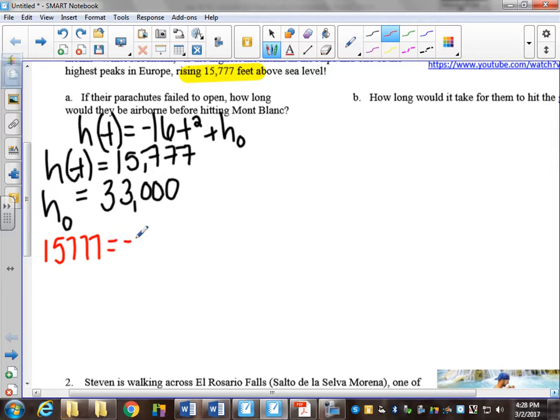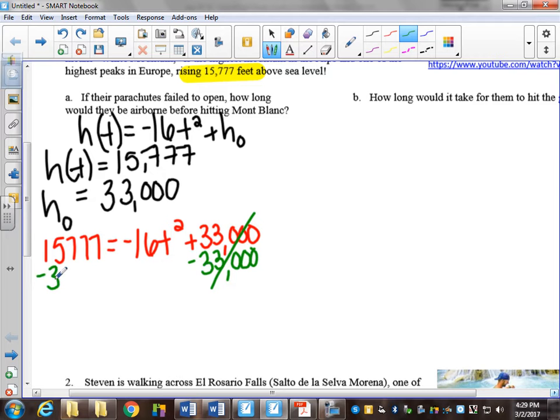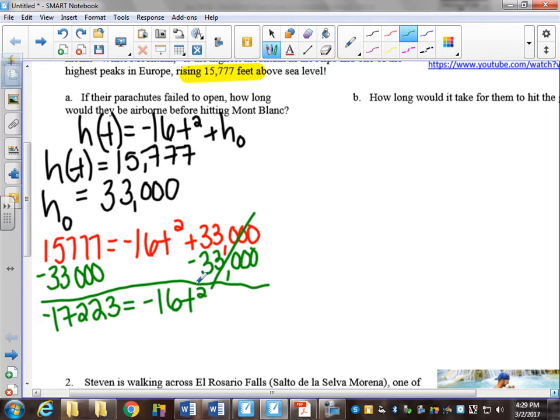Now we can use this information and plug it in. 15,777 equals negative 16 t squared plus 33,000. We are solving for t, therefore, in order to get t by itself, our first move is to get rid of this 33,000. 15,777 minus 33,000, negative 17,223 equals negative 16 t squared.